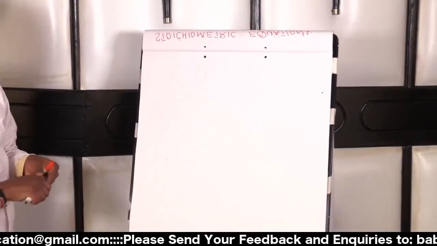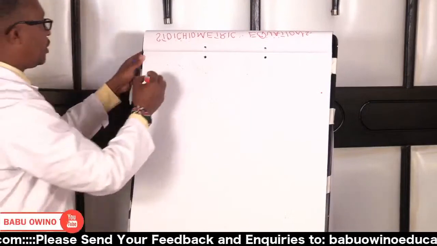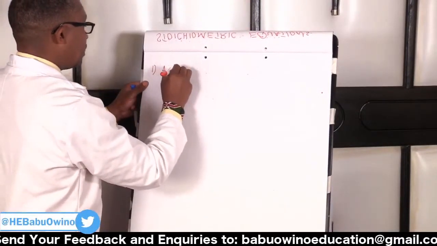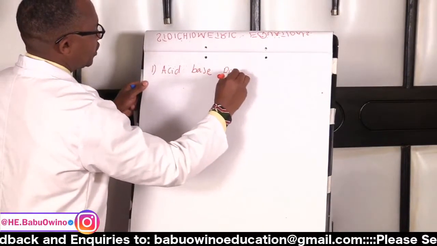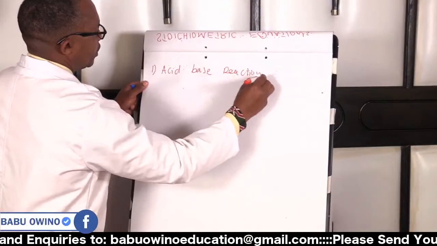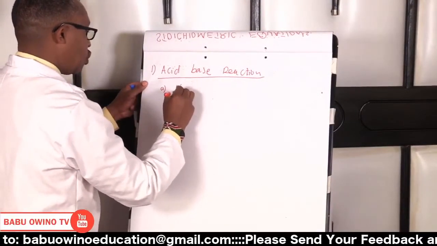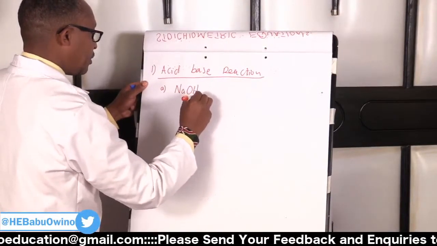In this case, we are dealing with number 1, acid-base reactions. For instance, here we take number 1, A, sodium hydroxide, aqueous.